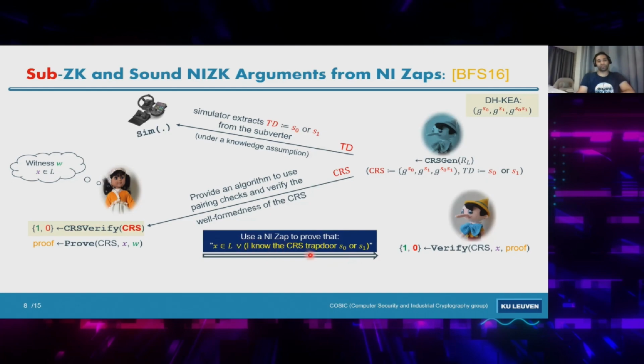So they show that this construction achieves subversion resistance and soundness. They had some challenges proving that we know the CRS trapdoors, but they again managed to deal with that using some other knowledge assumptions in the reduction of soundness.